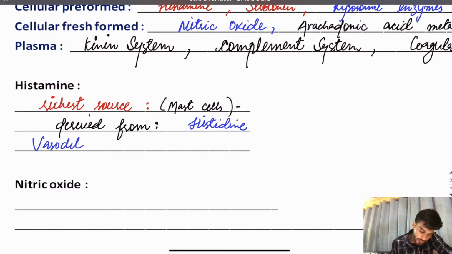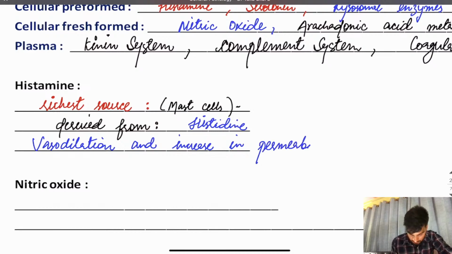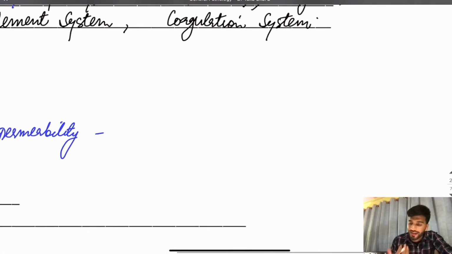It causes vasodilation. What does it do, guys? Vasodilation and increase in vascular permeability. Also, when there is more histamine, what will happen?